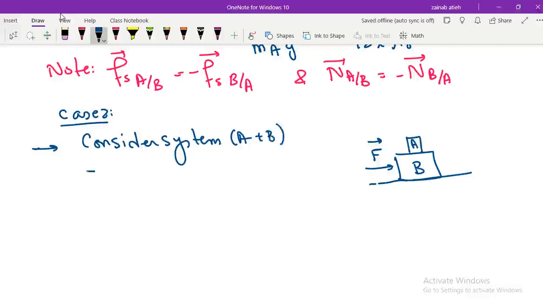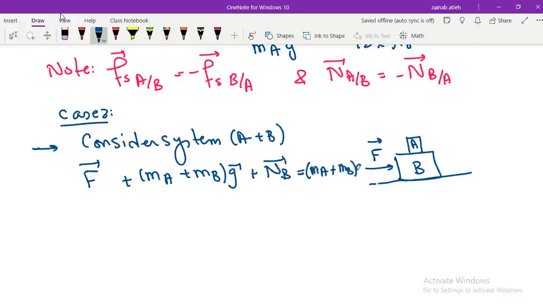I will get F plus MA plus MB G plus NB equals MA plus MB A. Okay, so we only care along x-axis.